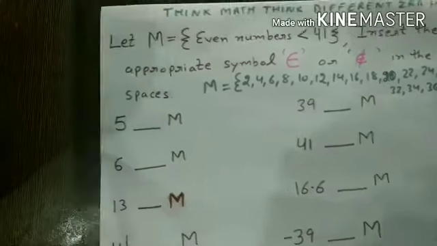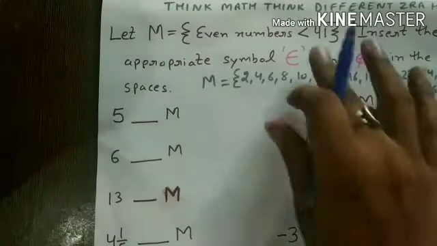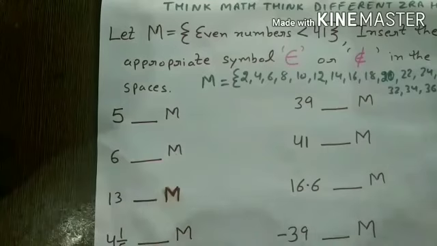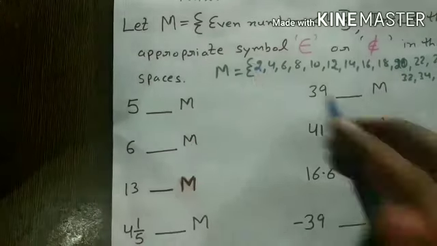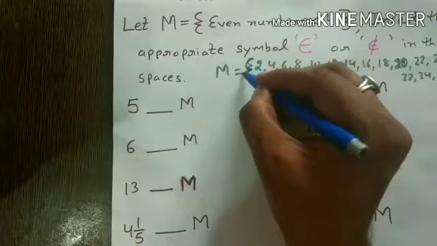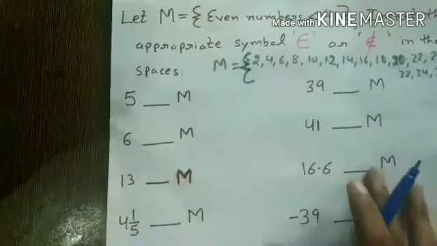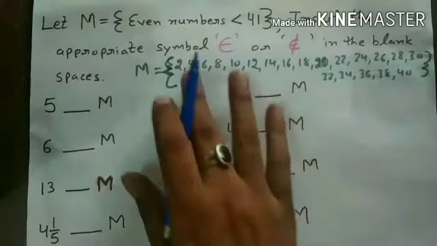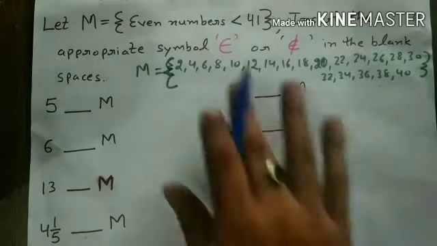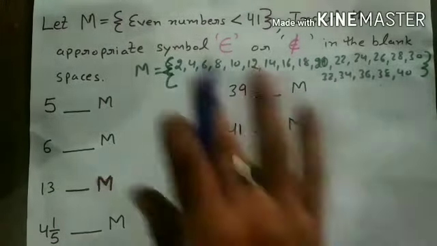As we have to write only the members which are less than 41, we will not go further. So I will close the set here with the bracket. All the members are written under the brackets. These are the actual members of the set M.